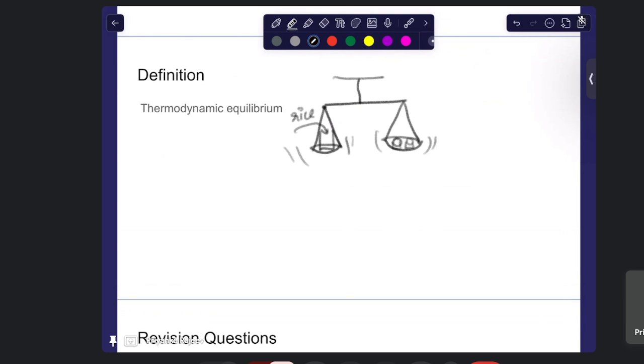You will say that the mass is fixed only when it stops moving. That phenomenon is called equilibrium. When it stops, we say that the system has reached equilibrium, where no further change is measured or observed.